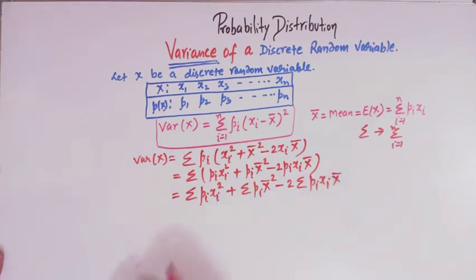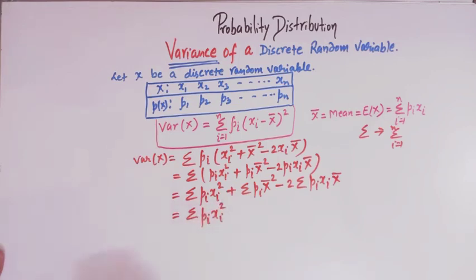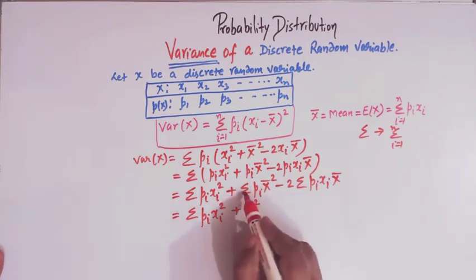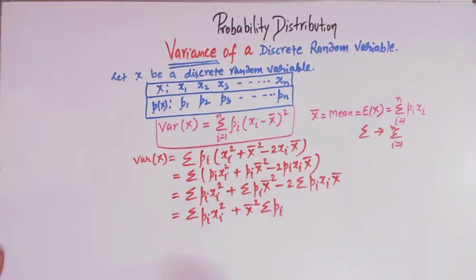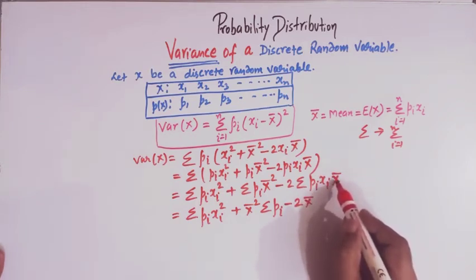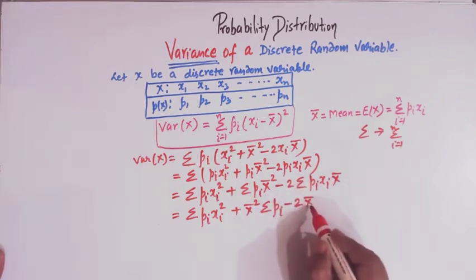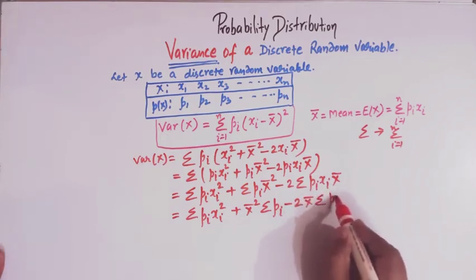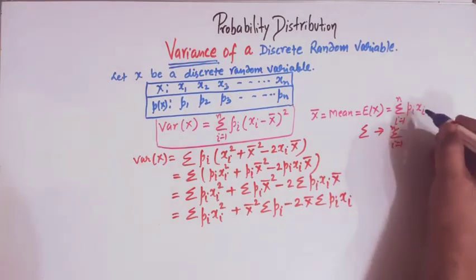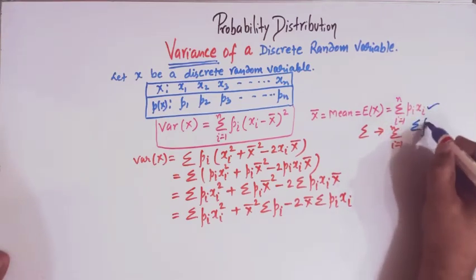Now see, here we have sigma of pi xi square, and if we take x bar square out of this sigma sign, we have sigma of pi, and then we have 2 times x bar, taking x bar out of this sigma sign because it is independent of i, so we have 2 x bar sigma pi xi.